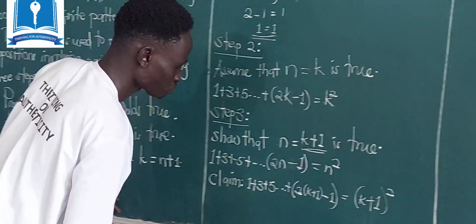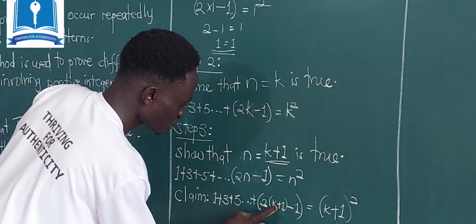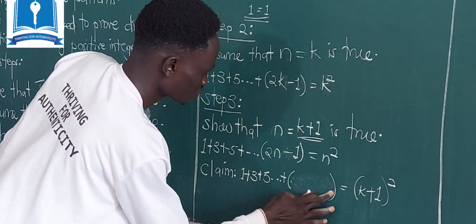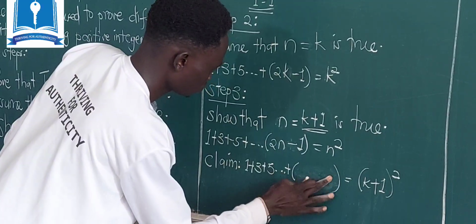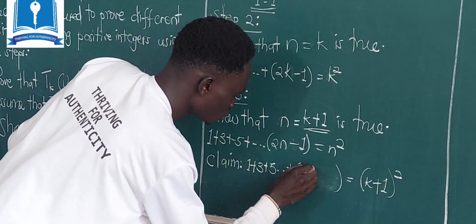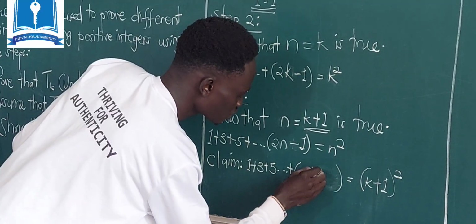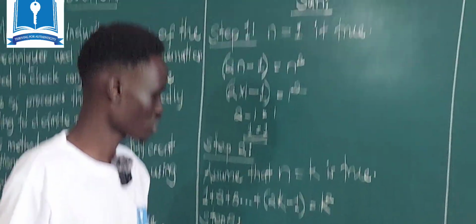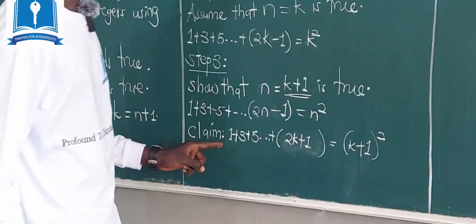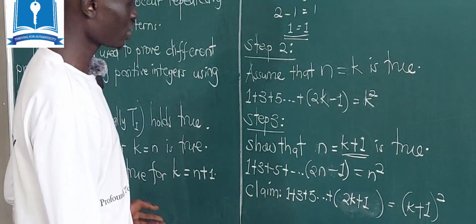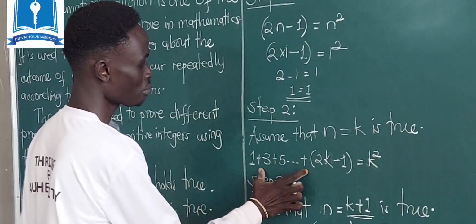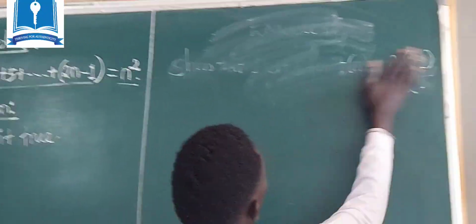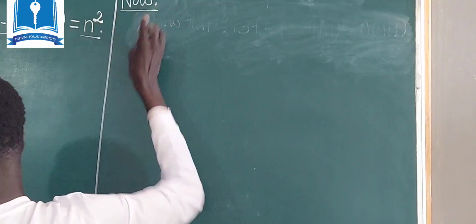When you work this out, it is 2k, then 2, and when you write the full statement it will give you 2k plus 1. This is the claim. Now we are also going to bring the earlier statement. This is the claim.